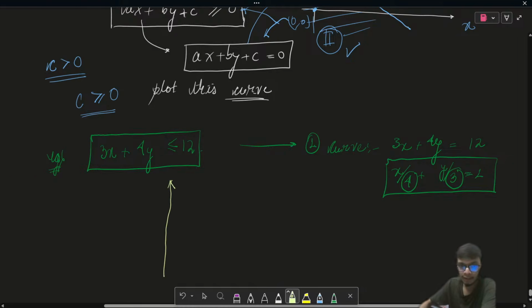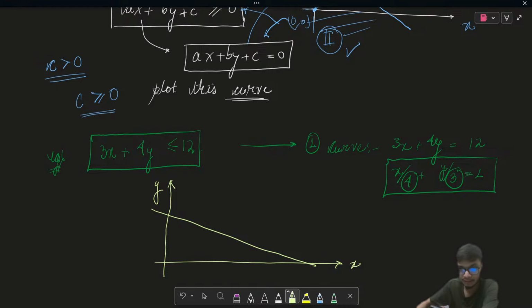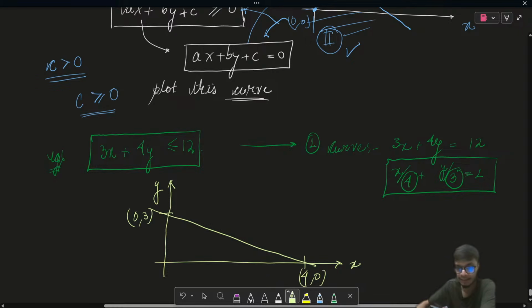So now I will plot this curve. Like this is (4, 0) and this is (0, 3), like this. Now I have to check whether (0, 0) is satisfying this inequality or not, right?